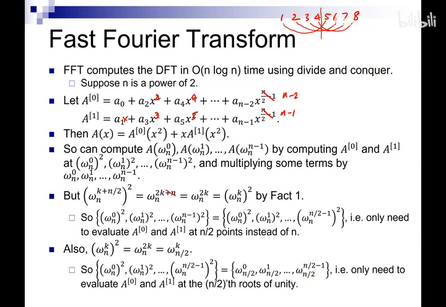Now we can see that evaluating a0 and a1 at these numbers is equivalent to evaluating a0 and a1 at these n divided by 2 different n over 2nd roots of unity. It's the same as evaluating a0 and a1 at these n over 2 different numbers.